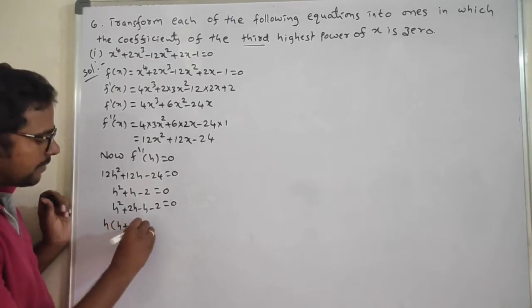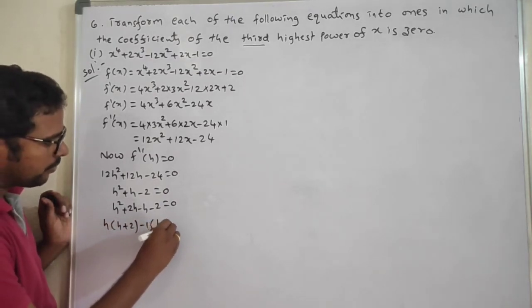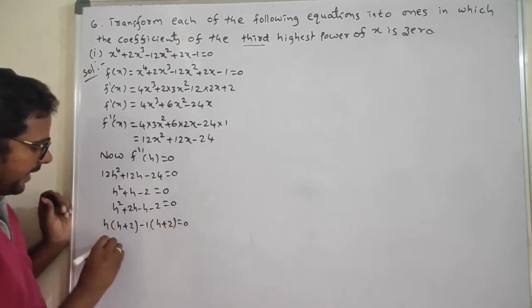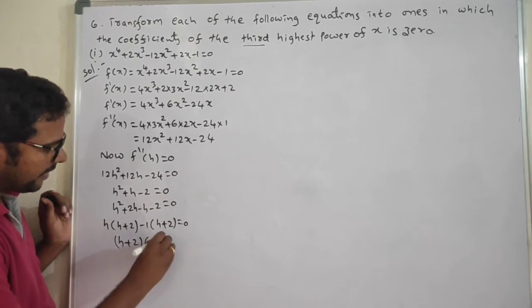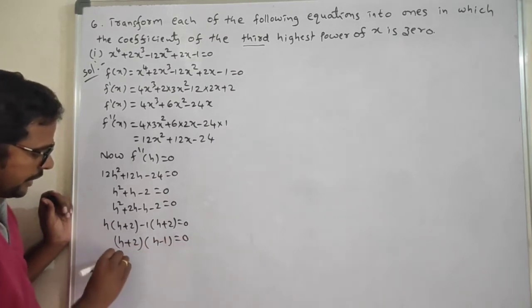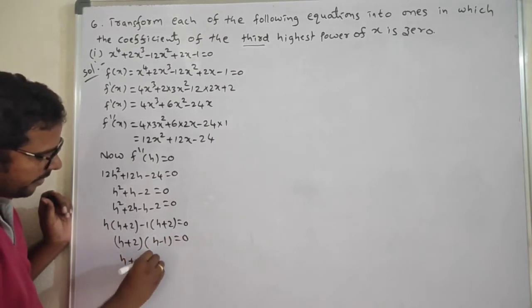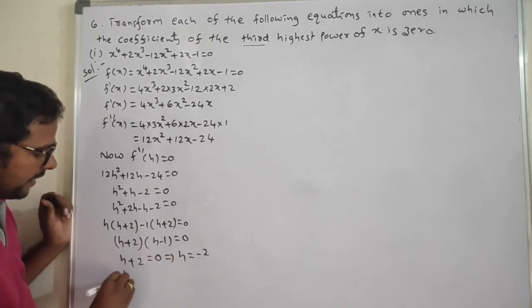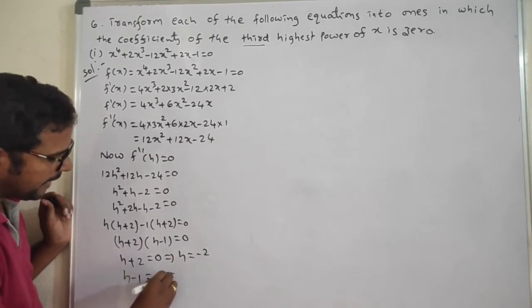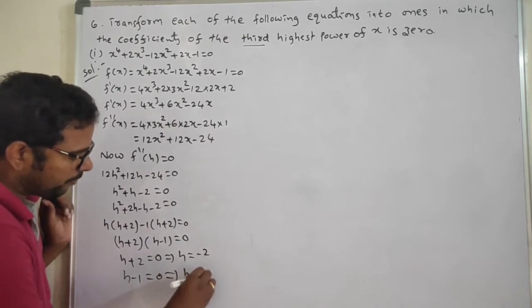From the last two terms take minus 1 common, remaining h plus 2. Again h plus 2 is common: h plus 2 times h minus 1 equals 0. h plus 2 equals 0, this implies h equals minus 2. h minus 1 equals 0, this implies h equals plus 1.